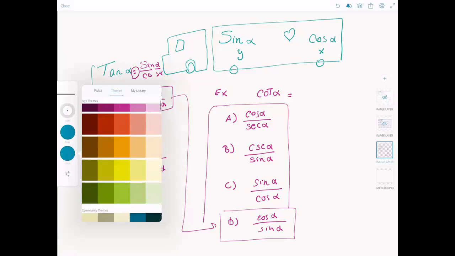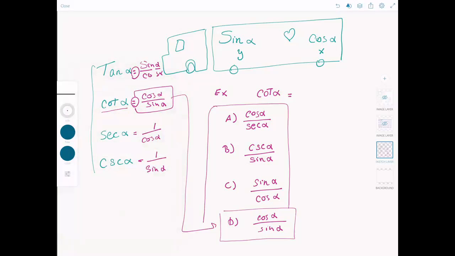Like A is secant square alpha, B is 1 over tangent of alpha, C is cosine square of alpha over sine of alpha, D is tangent of alpha over sine of alpha.